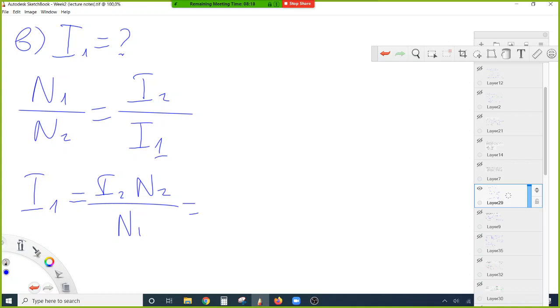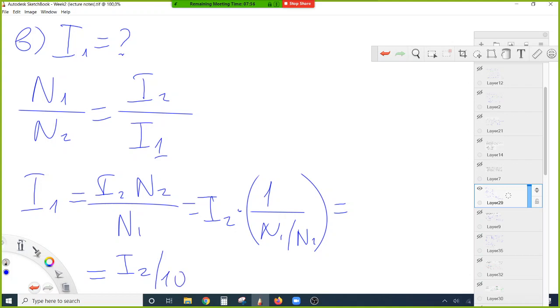Or we can write I2 multiplied by 1 over N1 over N2. So I1 will be equal to I2 over 10, which is 1.36 ampere.